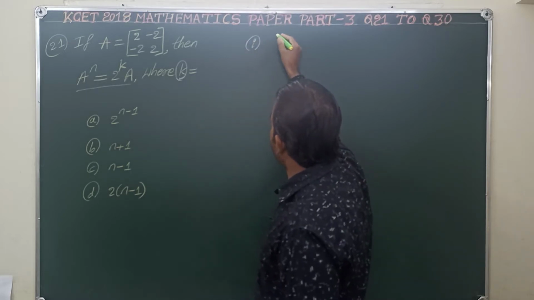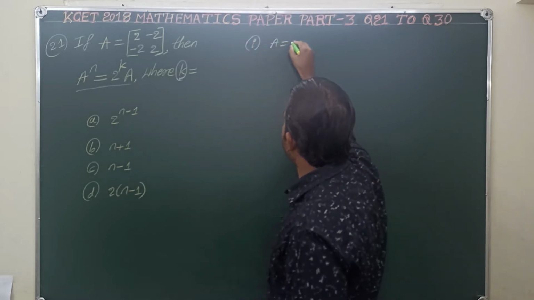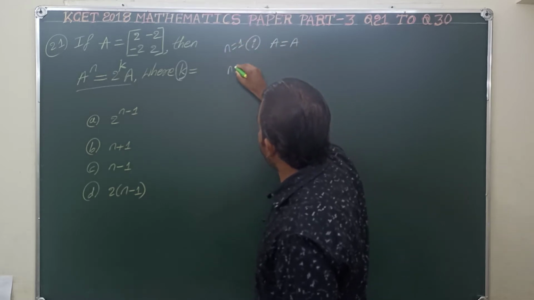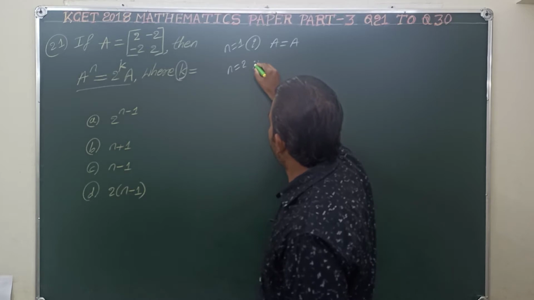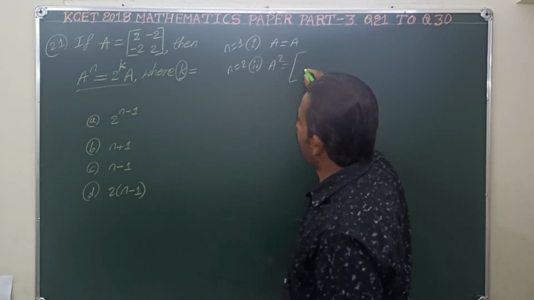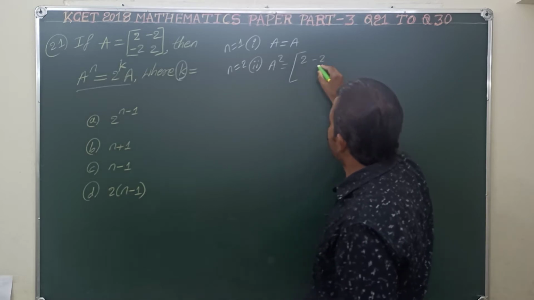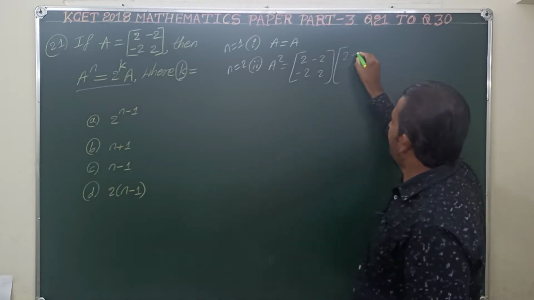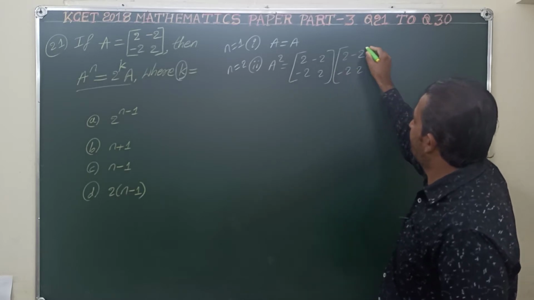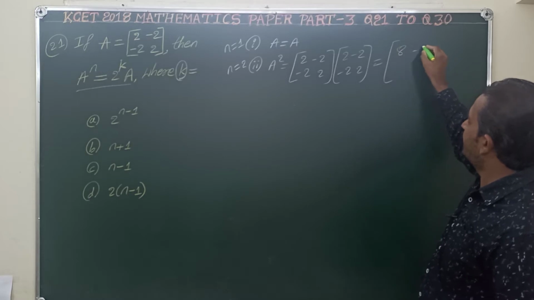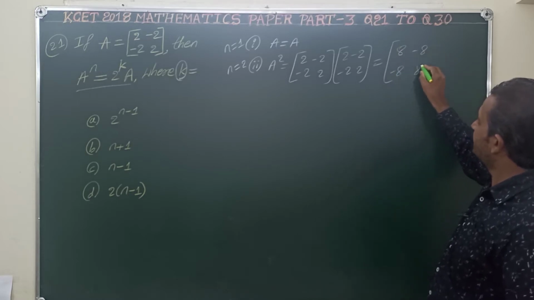First, put n is equal to 1, obviously A is equal to A. Put n is equal to 2: A square is equal to A into A, nothing but [[2, -2], [-2, 2]] into [[2, -2], [-2, 2]], which is equal to [[8, -8], [-8, 8]].